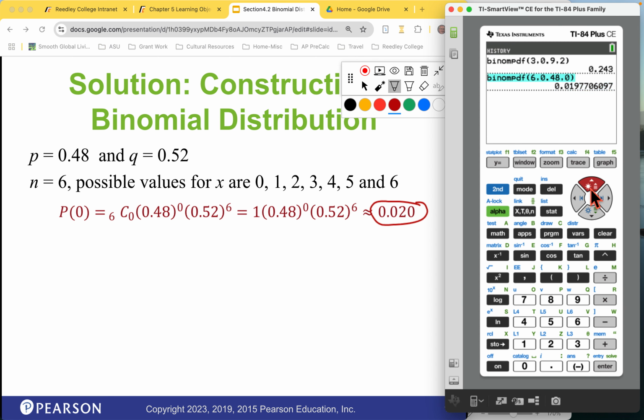If you arrow up and highlight this and hit enter, it's going to bring it down. And now we just go back and change the 0 to what? Doesn't work on that.